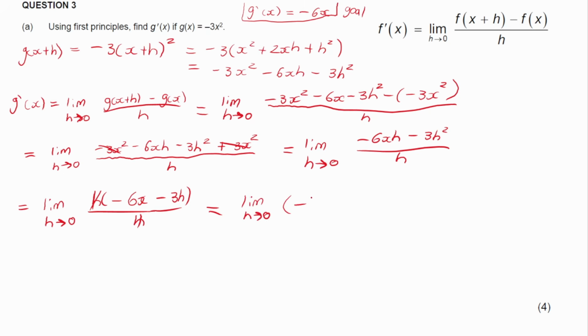So this is what we're left with. Here we can substitute h as 0. We can just put a 0 over here. And when we substitute in that h is 0, then we don't have to write the limit anymore. So the limit falls away, and you'll see that this is our final answer. We just have to double check if it equals our goal up there. And because it does, it means we did the right thing.